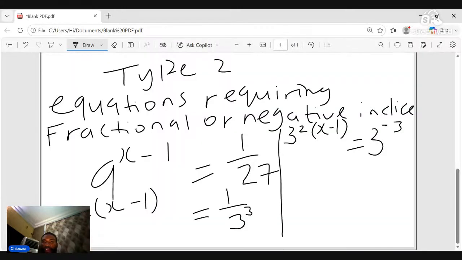So since we have this, we can cancel out 3 and 3. And we now say 2(x-1) is equal to minus 3.